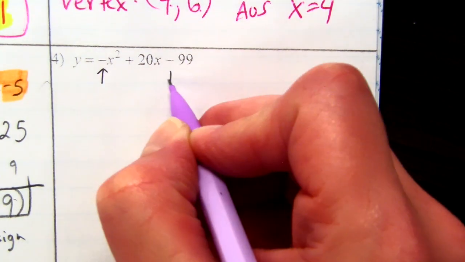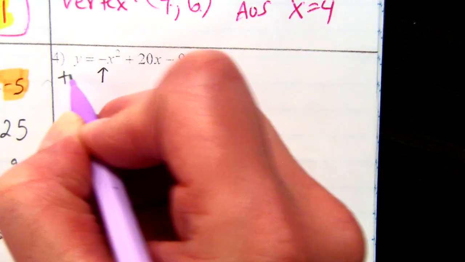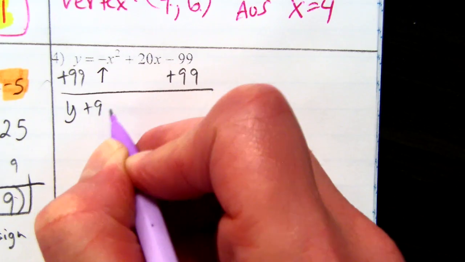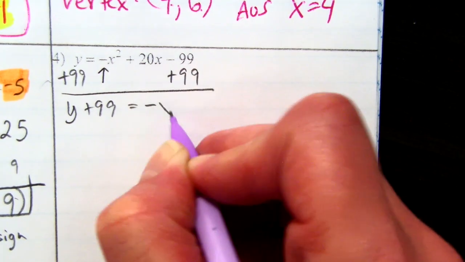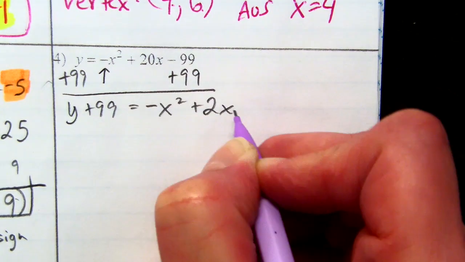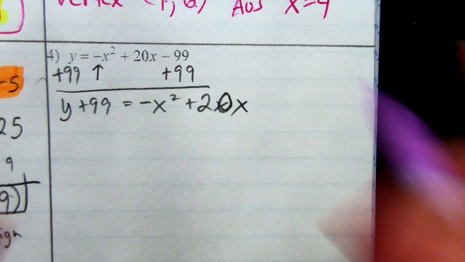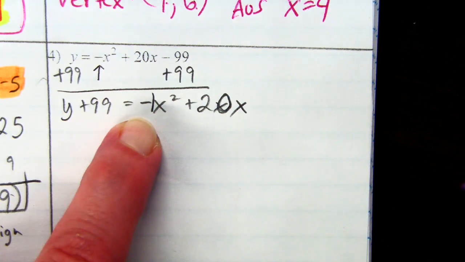So let's do that first. We're going to add the 99, add the 99. So now I have y plus 99 equals negative x squared plus 20x. So this is basically a -1.